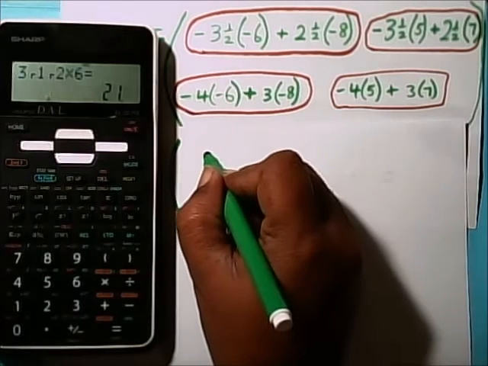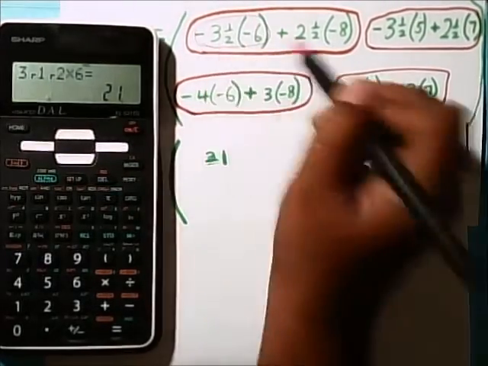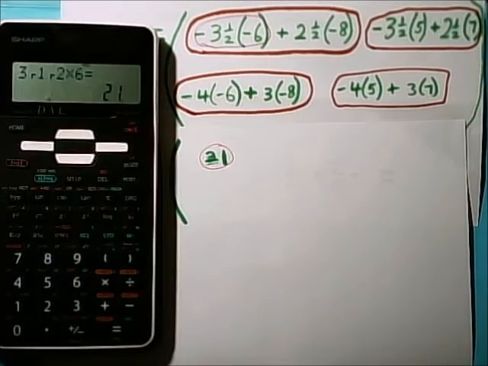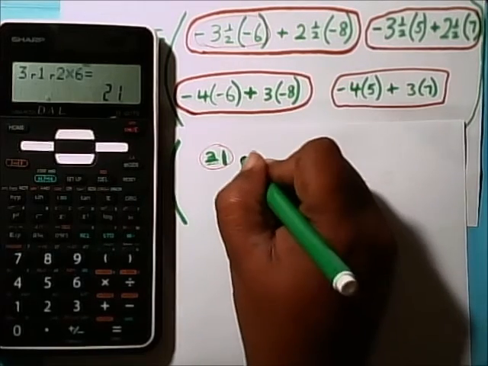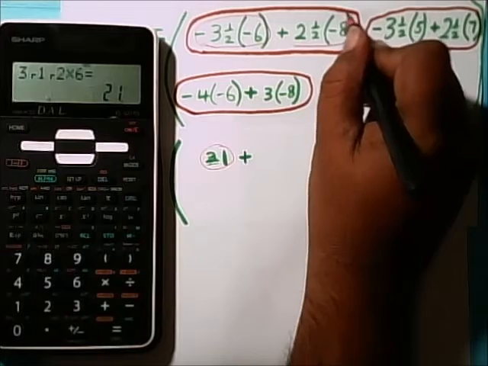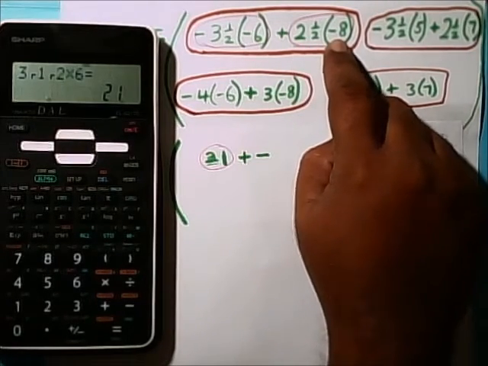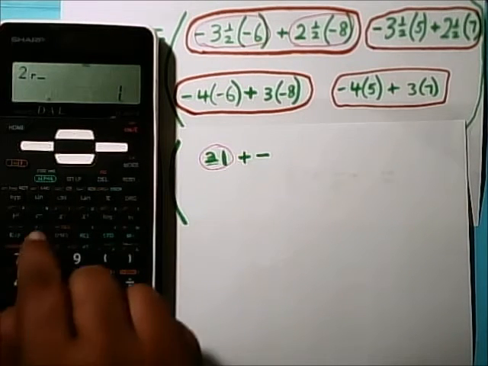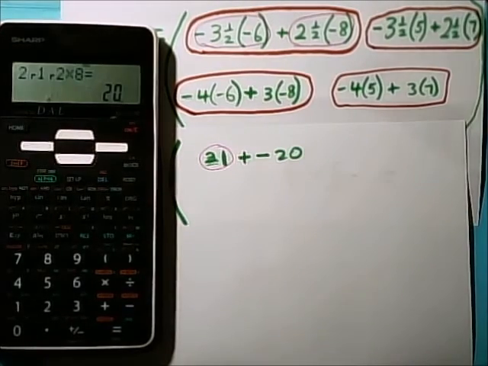Then the next part: bring down the plus. 2.5 times a negative 8 will give me a negative answer, so forgetting the signs, 2.5 times 8 equals 20.